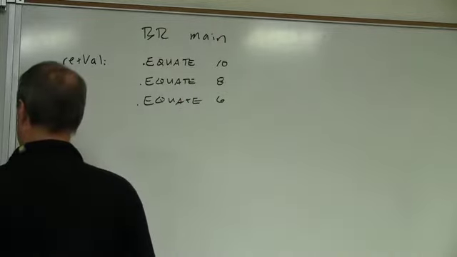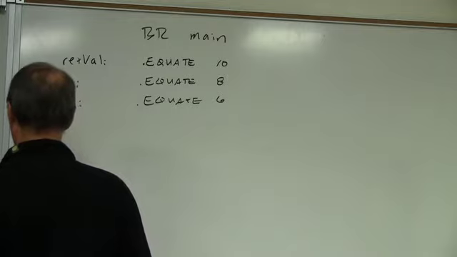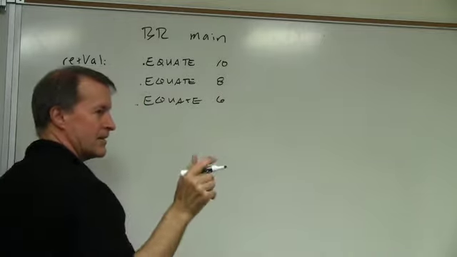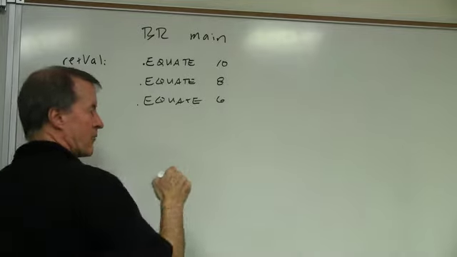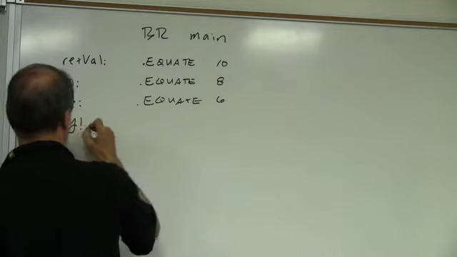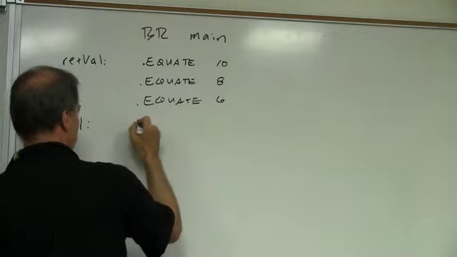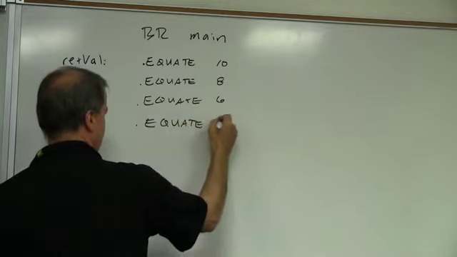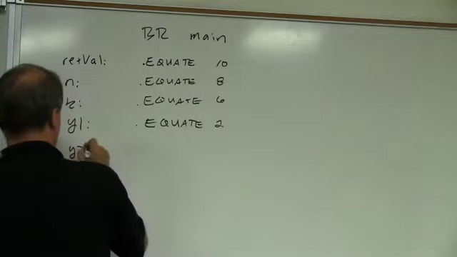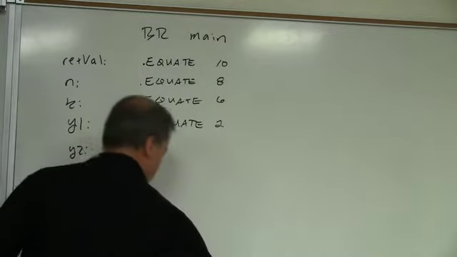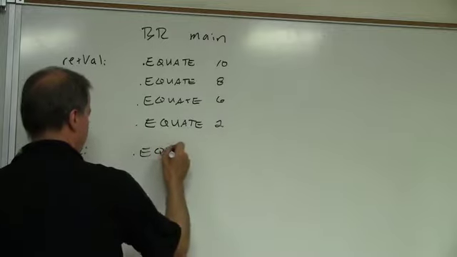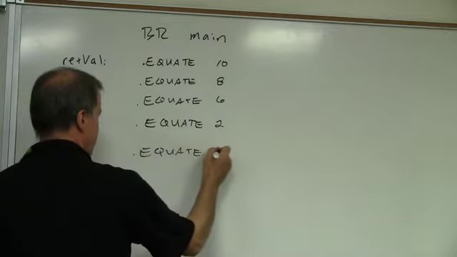Return address we don't have to deal with. Y1 and Y2, let's do them while we're here. Y1 will equate to 2, and Y2 will dot equate to 0.